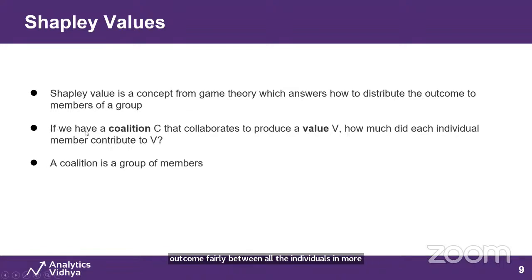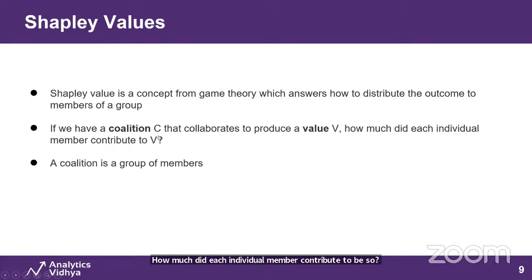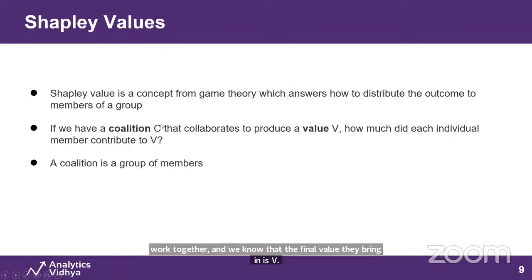In more technical terms, if you have a coalition C that collaborates to produce a value V, how much did each individual member contribute to V? So by coalition, we just mean a group of members participating in the event, and then they work together, and we know that the final value they bring in is V. So how much of this V has come through each member of the coalition?